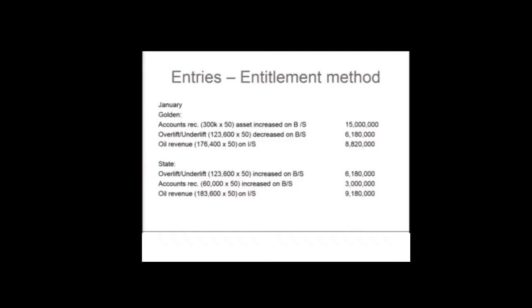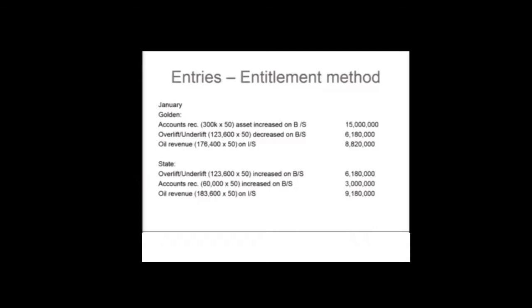First of all, if I look at the second line, State took 60,000 barrels and sold them to an outsider at $50. That's a receivable from that outside purchaser of $3 million on their January statements. Their revenue, based on the balance report, they should have taken 183,600 barrels at the current price of $50.